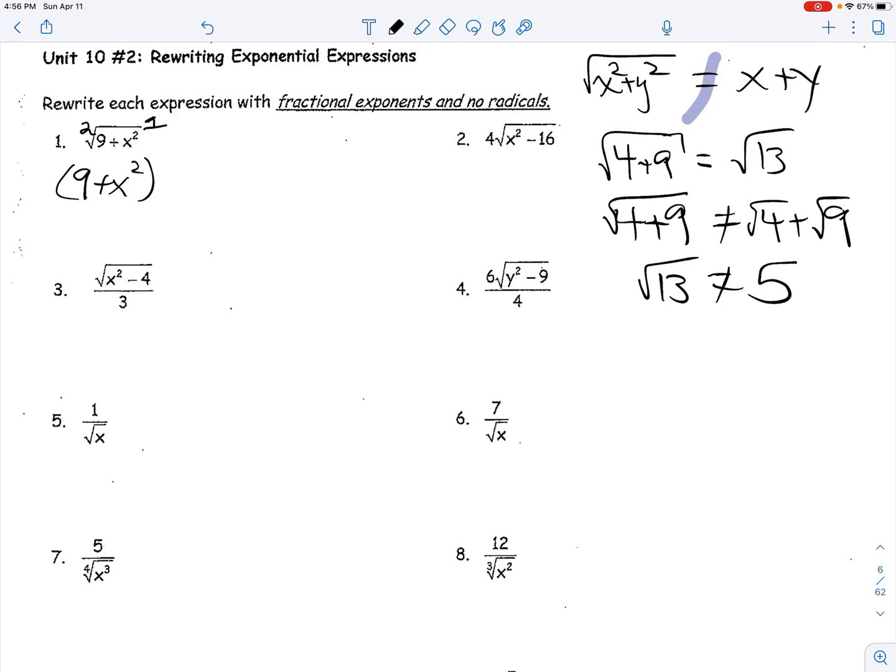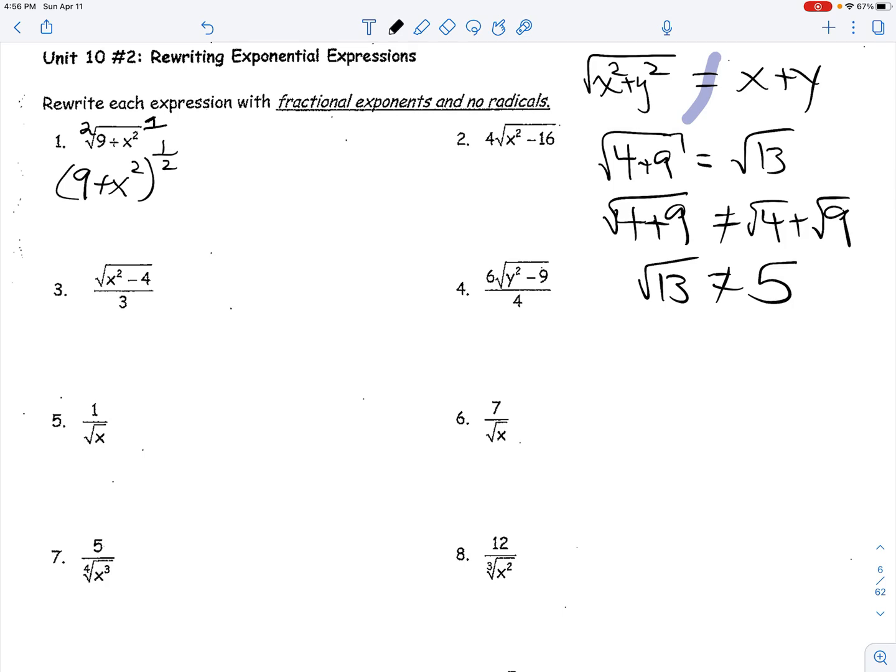So 9 plus x squared, that quantity, reverse power over roots. Remember, the root is the denominator of the fractional exponent, and the power is the numerator.